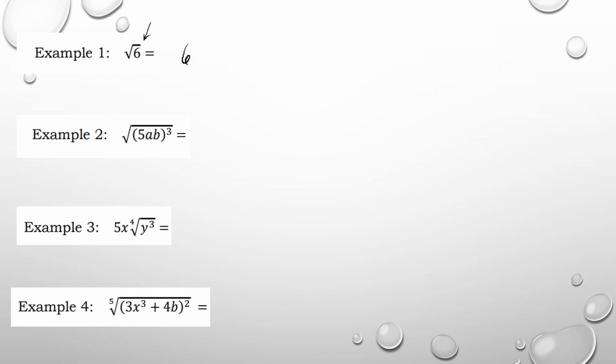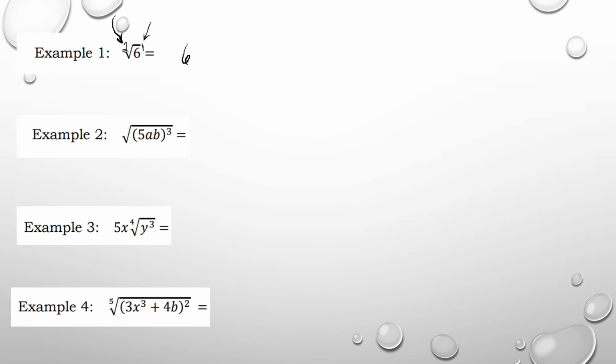Kapag invisible, yung power or exponent ni radicand, that is understood as 1. Okay? Then how about the index? Na sinabi ko kanina na pwedeng hindi na natin isulat. So kapag invisible, that is understood na value as 2.